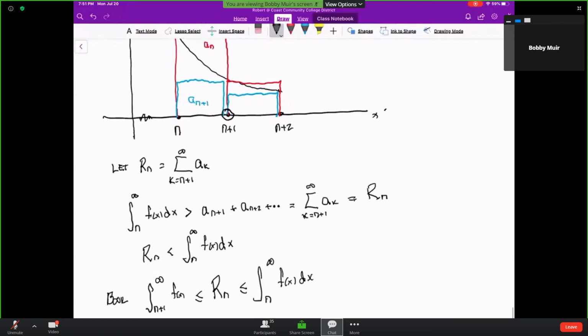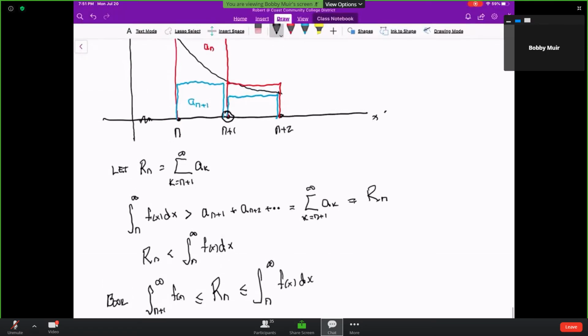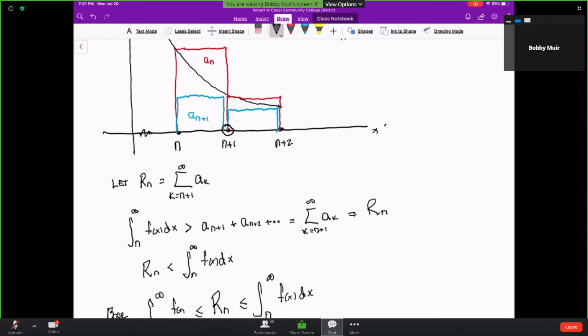Now the integral from n plus 1 to infinity will be all of these blue guys. R_n, which starts with the a_{n+1} box, is not larger.